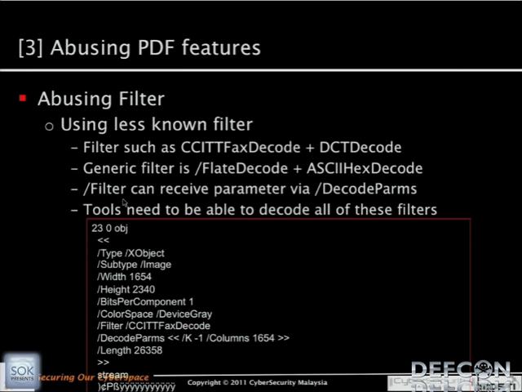If you want your filter to have strict parameters, so that decompressing fails if you don't pass them, you can implement it within the parameter called DecodeParms. For example, this code implements CCITTFaxDecode. It's normally for images, but it doesn't really matter. It's not necessarily an image. You can put whatever you want, as long as it's within the format of CCITTFaxDecode.